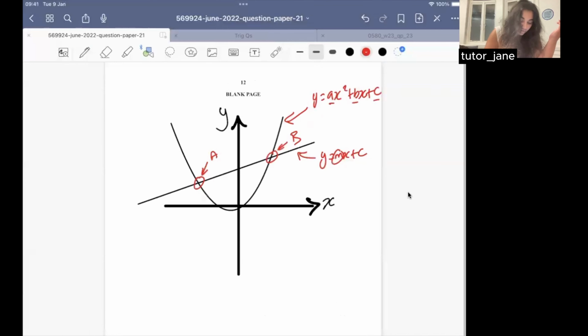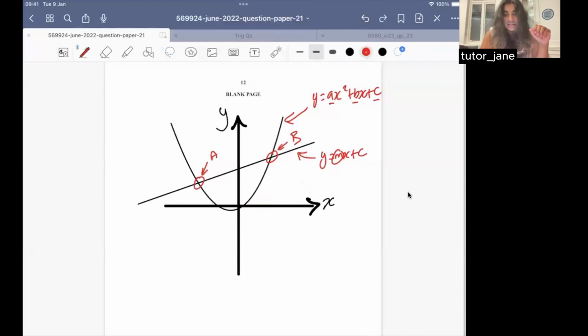You can also have a situation where a line graph touches the parabola at 1 point. That then acts as a sort of tangent to our U-shaped graph, and in this case, you're only going to have 1 point of contact. So there'll be one coordinate solution for where these two graphs cross.